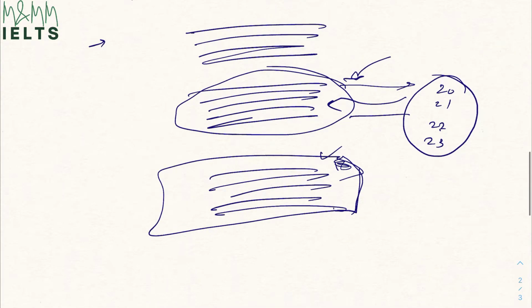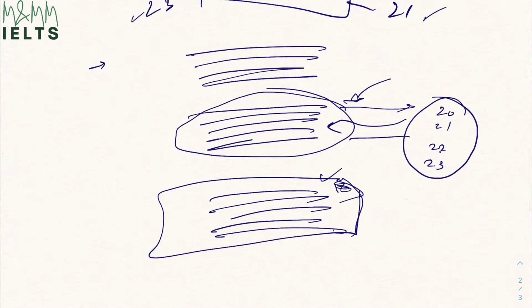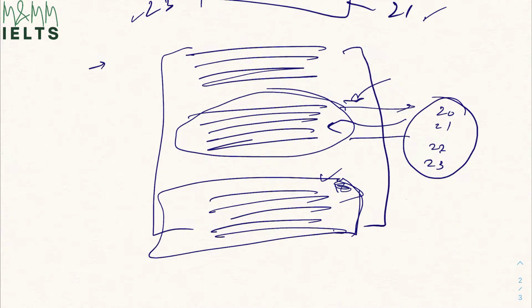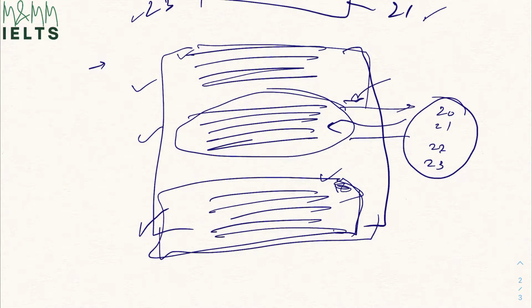Another quick tip I can give you, especially for the academic exam. Now, it does apply to the general exam as well, but especially in academic, you will see that they have given you such a lengthy paragraph, roughly 250, 300 words, sometimes even more than that. In that case, if you start reading every single word from start to finish, trust me, you will never be able to manage your time in the reading section.